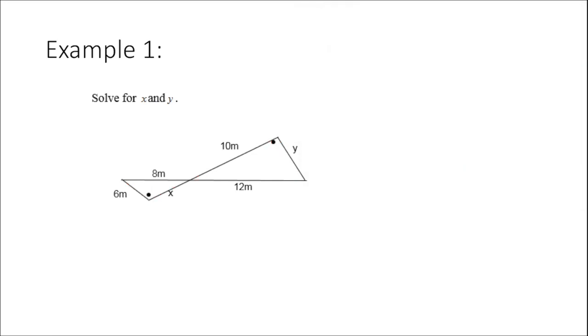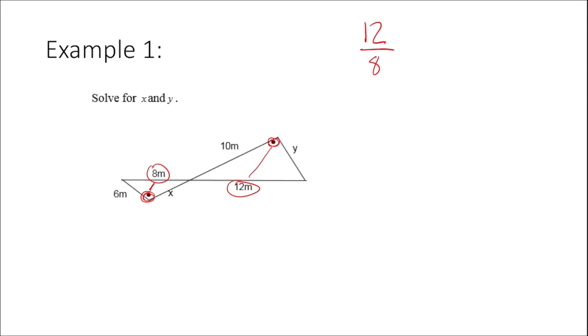Now, what we have to do next is map our sides because it's not so obvious. So our first thing to do is to say, okay, what side is opposite to this angle? Well, that's easy. So we can do big to small. That's a big triangle over small triangle. So how much bigger is it? Well, the ratio is 12 over 8.